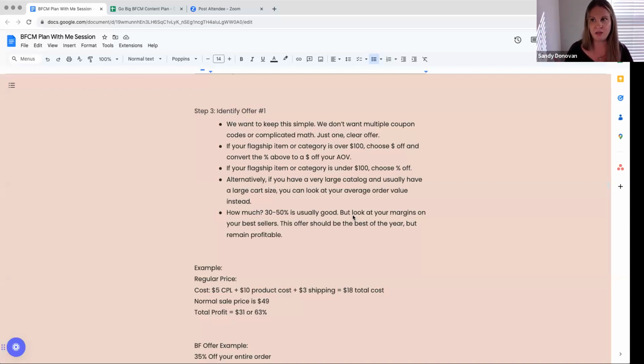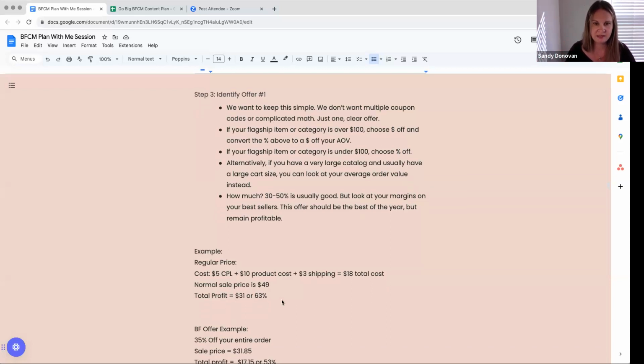Think about all of that, but also the fact that you want to make money, you don't want to drop it too low, what you would be comfortable with. So what we're going to do is, thinking about that flagship offer, we're going to calculate what that new price might be given the margin that we're comfortable with reducing it by.